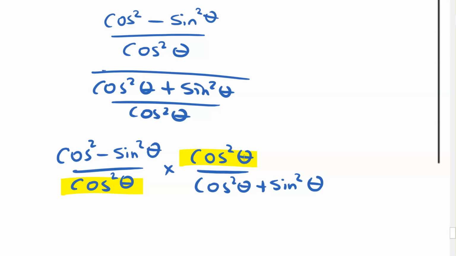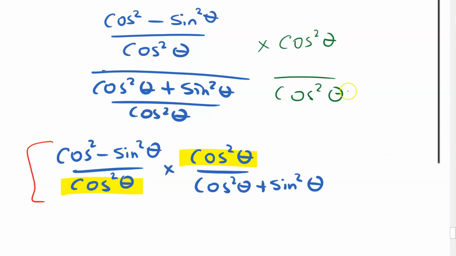To be honest, you wouldn't even have to write this entire line out. Another way to think of it is I could multiply this by cos squared theta over cos squared theta, which is a version of multiplying by 1, and then you would be canceling those out as well. But I think this is the method that most of you will be familiar with. So let's keep it familiar.